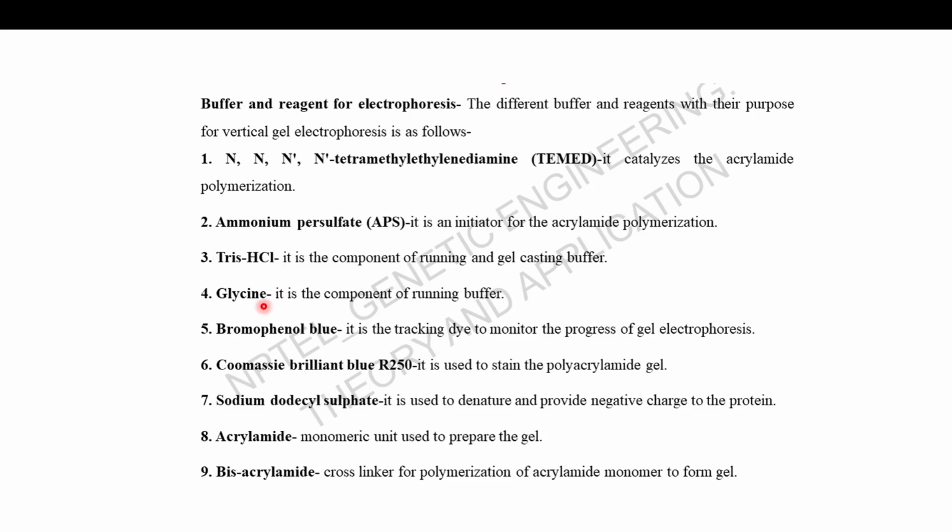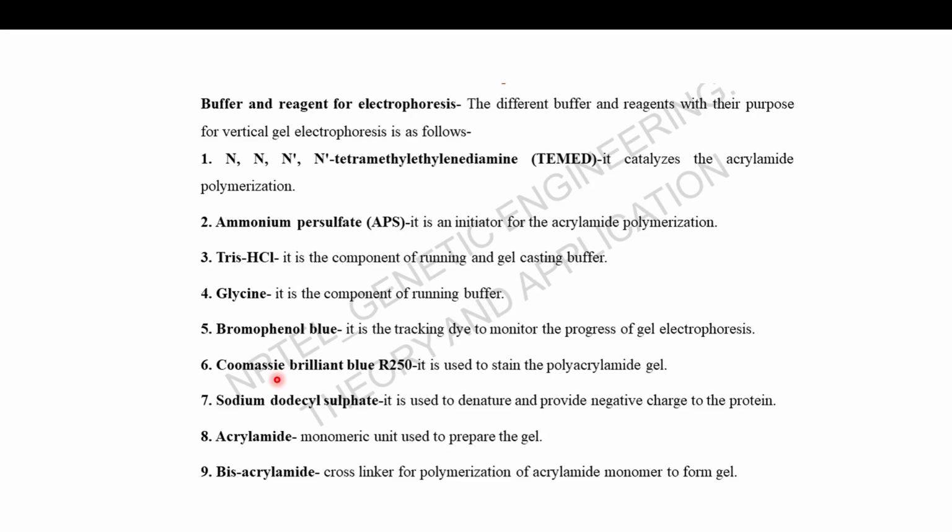You have glycine, which is a component of the running buffer, and bromophenol blue, the tracking dye used in sample preparation to monitor the progress of gel electrophoresis. Then there's Coomassie brilliant blue, which binds to the protein of interest, so that we can detect that our protein of interest is at this particular point on the gel.